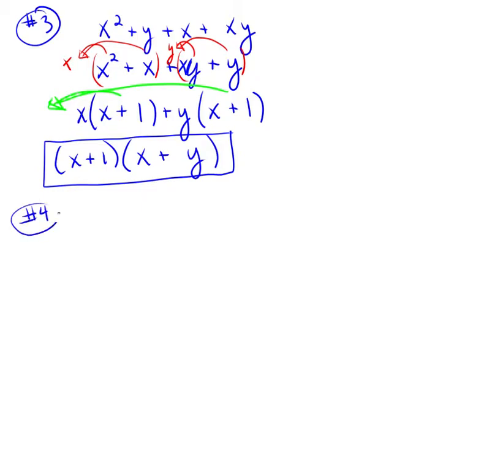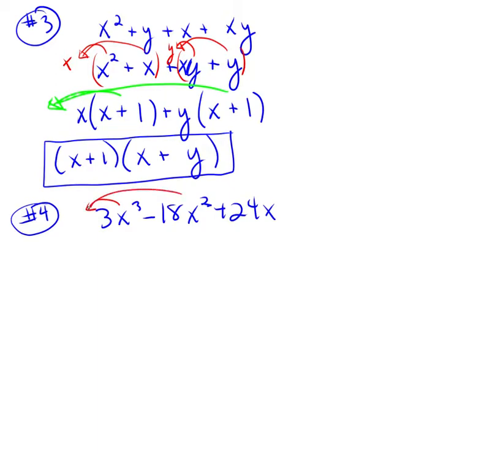Now, number 4, we get into a little bit more different factoring completely. So we have 3x to the third minus 18x squared plus 24x for this one. Now notice the other ones all had 4 terms. This has 3. So I'm thinking, oh, I'll do my GCF to start with.